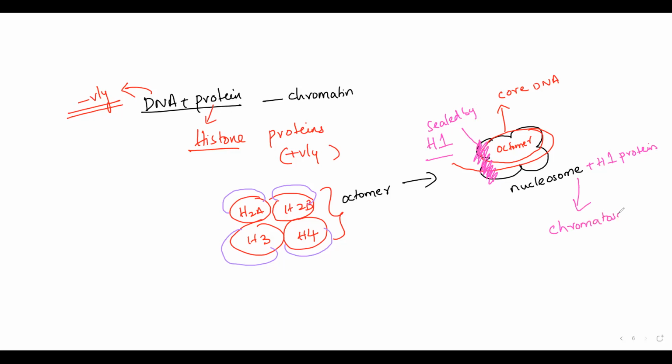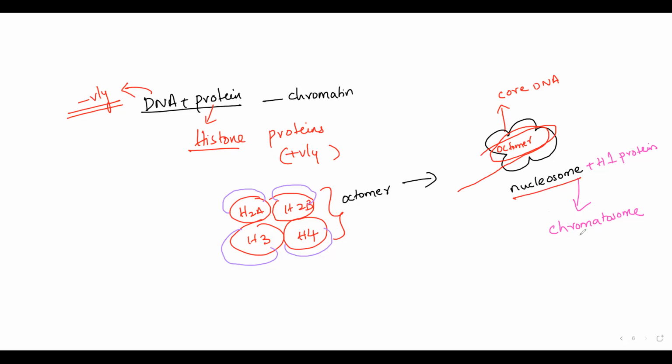It's a chromatosome. Let me first erase this so that when you study, this becomes easy for you. So I spoke about the octamer protein with a core DNA coiling, right? So this is a nucleosome. Now, what is a chromatosome?